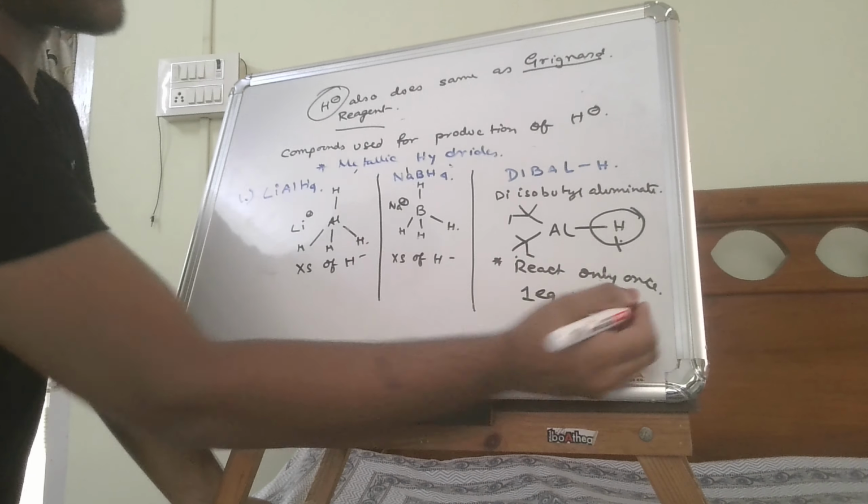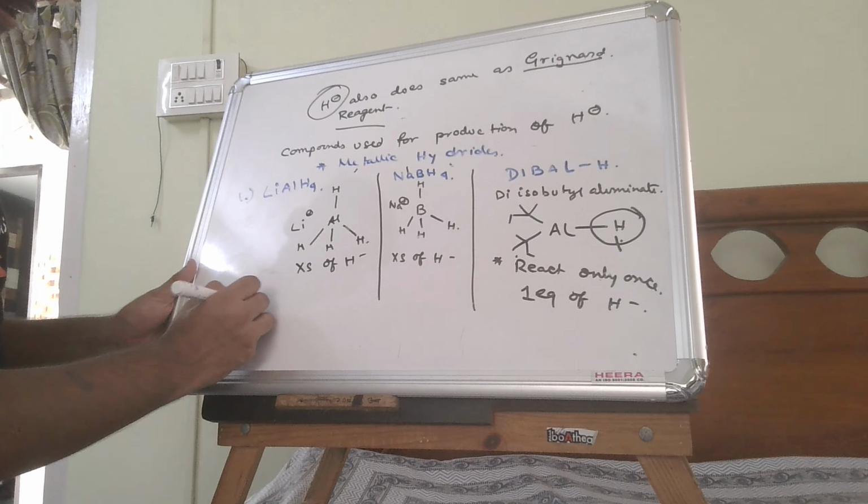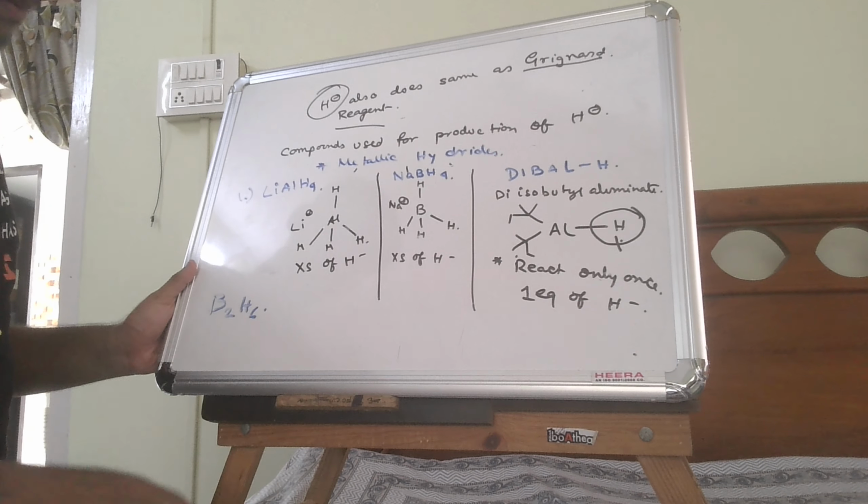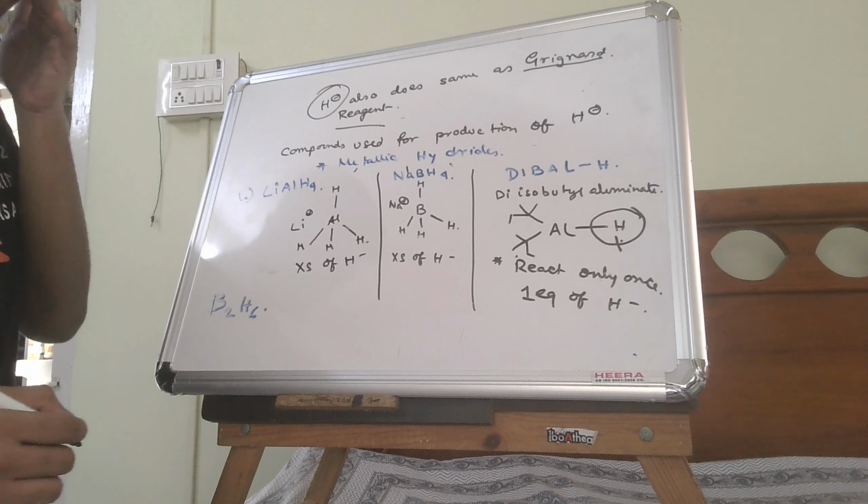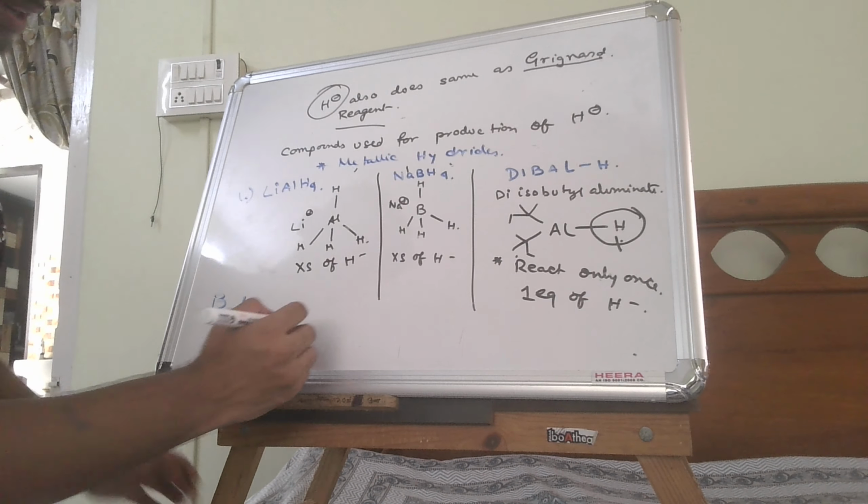And the other one was B2H6. I am drawing it here. How does B2H6 look? B2H6 looks like a bridge compound, I guess.